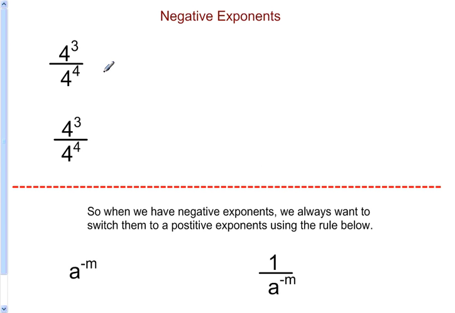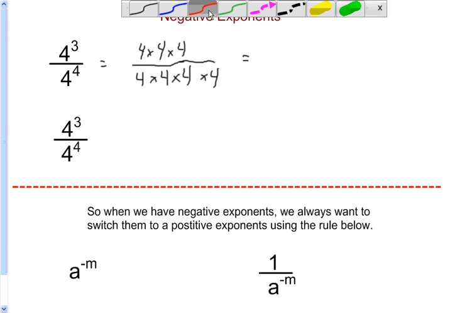What about negative exponents? We're going to explore negative exponents in the exact same way. 4 to the 3 is the same as 4 times 4 times 4. On the bottom we get 4 to the 4, which is 4 times 4 times 4 times 4. Now, if we have something in the top and something in the bottom the same, we can divide both by that value.